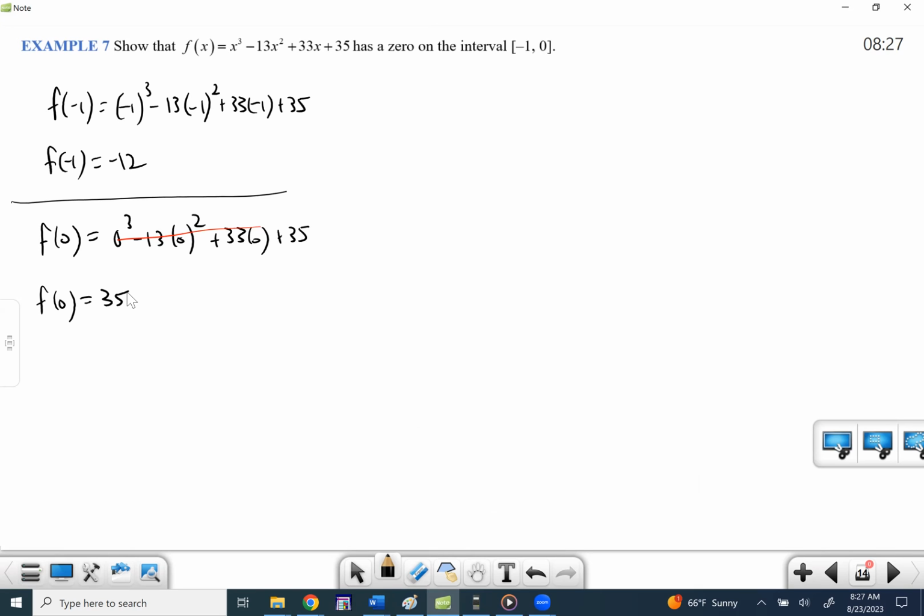Okay, so the picture. It's always important to have the picture. When x is 0, the y value is 35. So here's a point. When x is negative 1, the y value is negative 12.